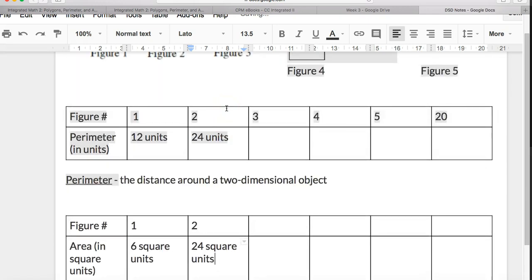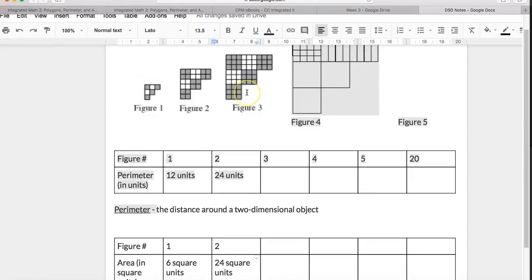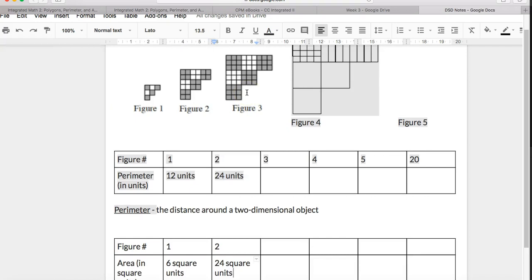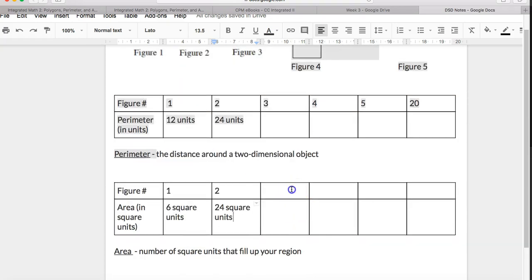So you're going to do the same thing you did with perimeter, except instead of finding the distance around the object, you are finding the number of square units inside of the figure. So you're going to do that for figures 3, 4, and 5. And again, you don't have a picture of figure 20, but I'm challenging you to try and see if you can still find the area of what figure 20 is.